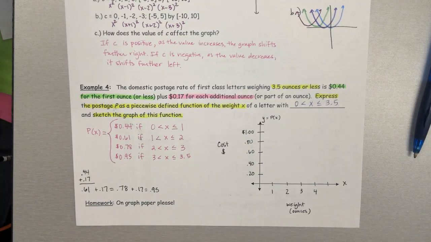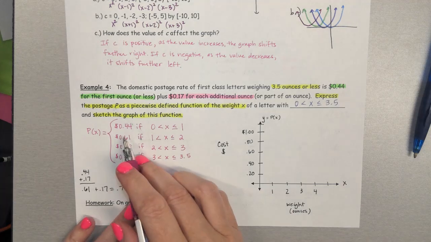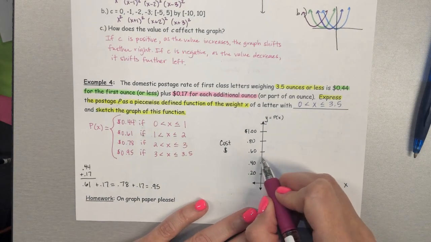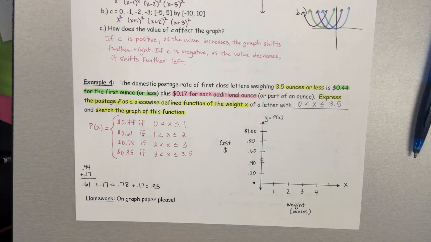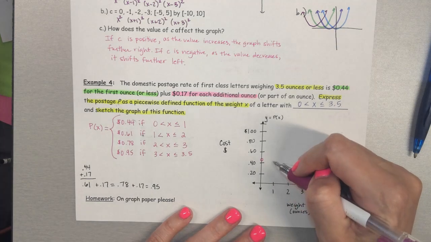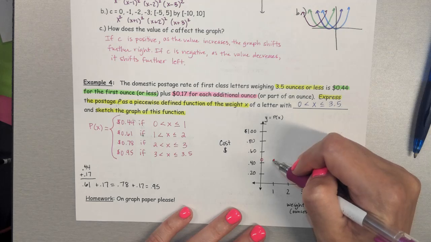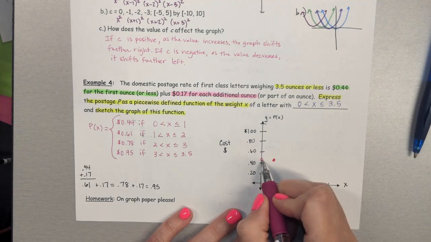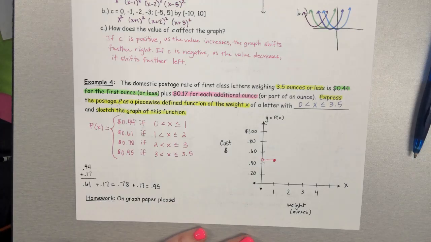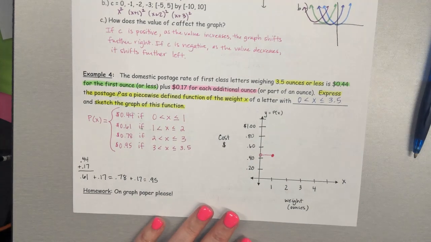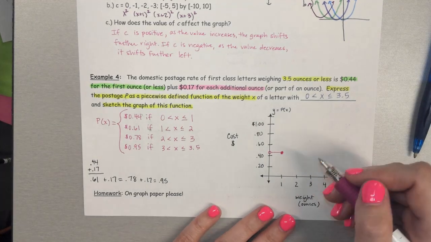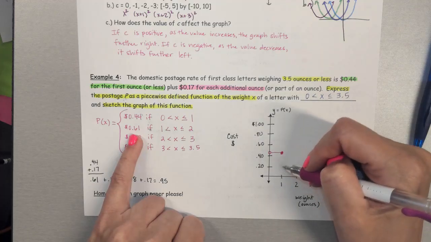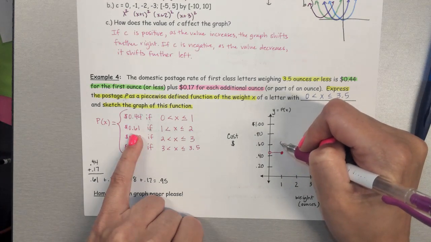Okay, so when you are graphing this, the 44 cents, you're just going to estimate. So halfway would be 50, so about halfway there would be 44. That's an open circle. And then for any of those values of weight, it's going to be that flat rate of 44 cents. Okay, so it's constant. Okay, and then for 61 cents from 1 to 2, I'm going to put an open circle here.